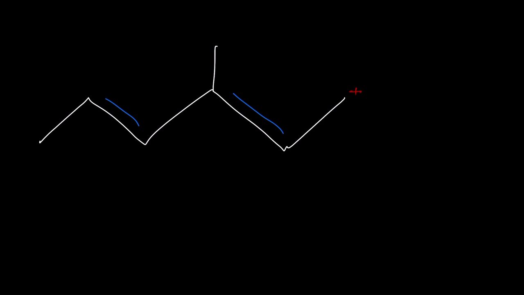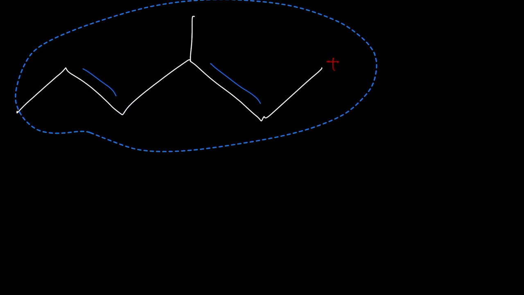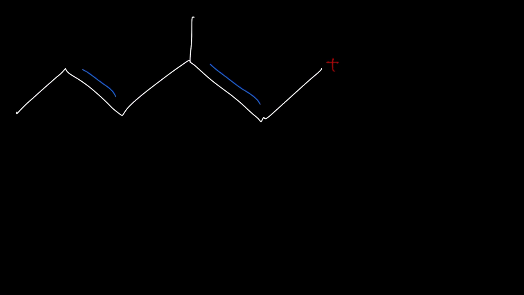Let's put the positive charge here. So to draw resonance structures, you can draw multiple, more than one or two. The electrons in this double bond are going to move to this area, and then the positive charge is going to move two carbons to the left.